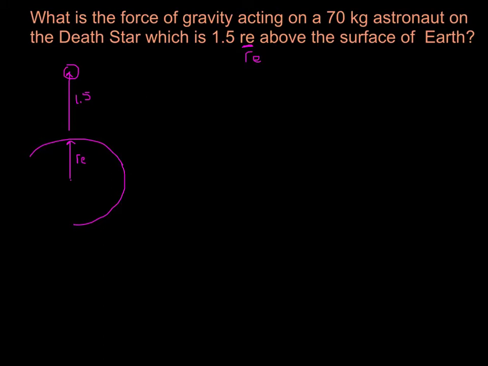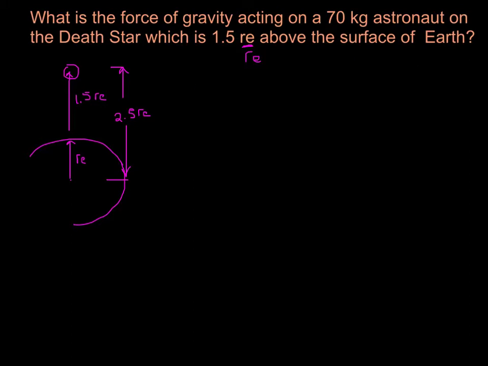If we're 1.5 radii above the Earth, then this whole distance from the center of the Earth to the center of the Death Star is 1 RE plus 1.5 RE. That's actually 2.5 RE. So just keep that in mind, because that number is going to come up again.